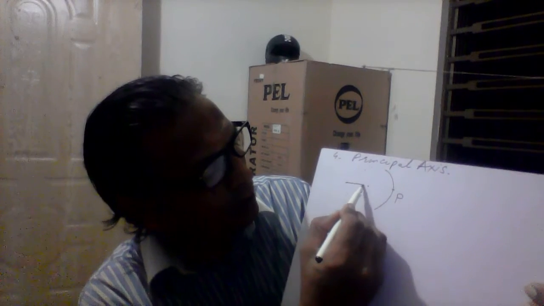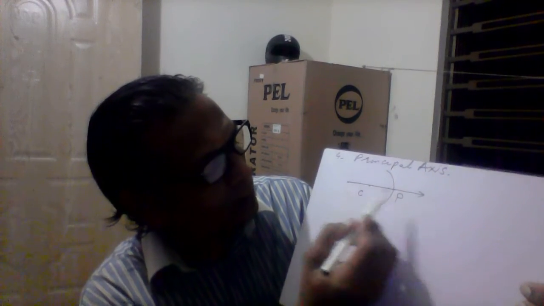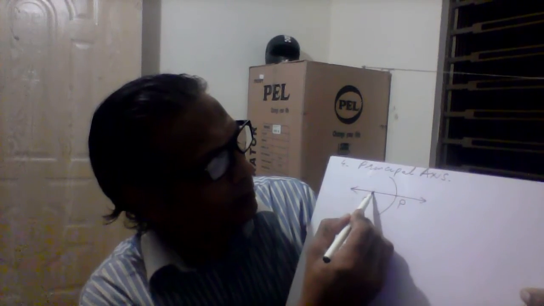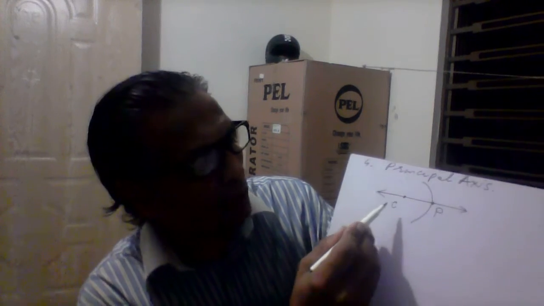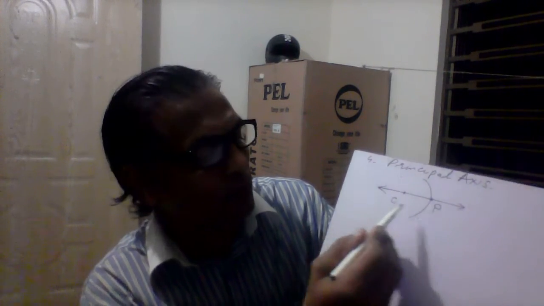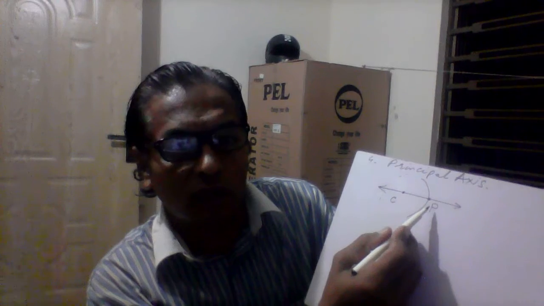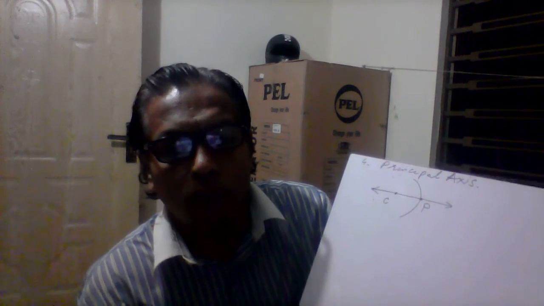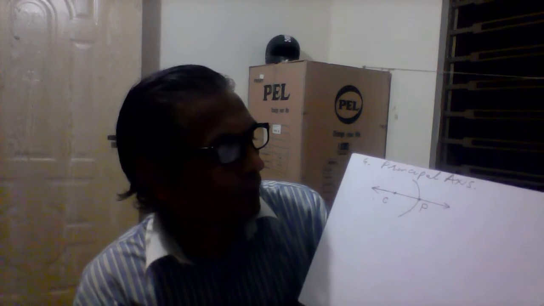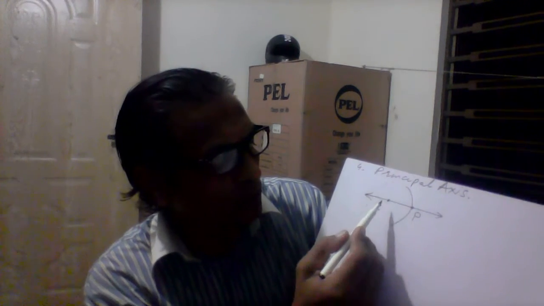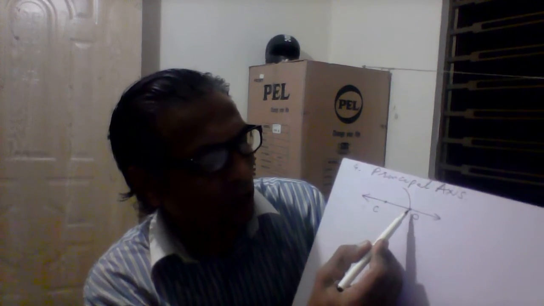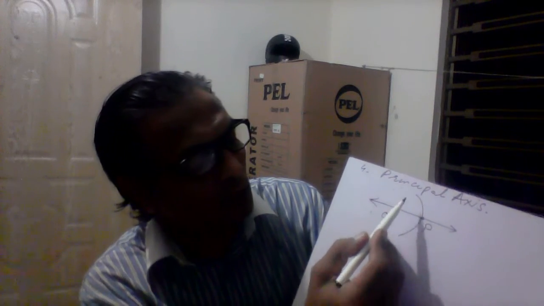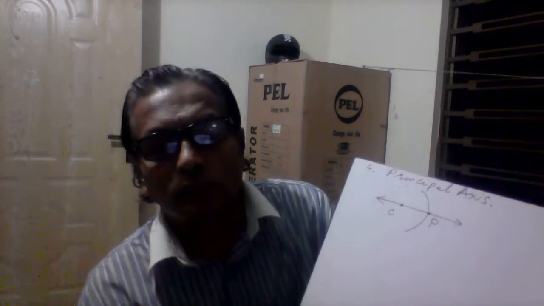The line joining the center of curvature and pole P is called principal axis. You got the point? The line joining the center of curvature and pole P is called principal axis.